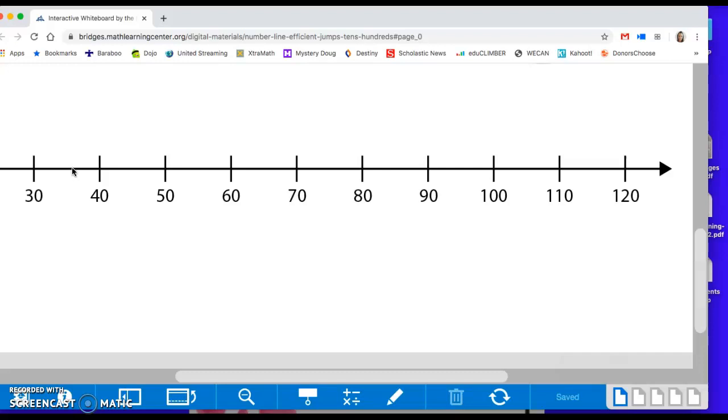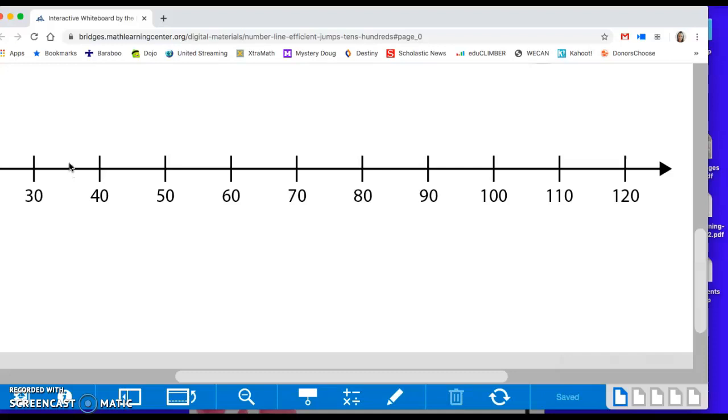Now I want you to count by tens with me from 36 as far as we can go on this number line until we run out of room. So starting at 36, count with me by tens.